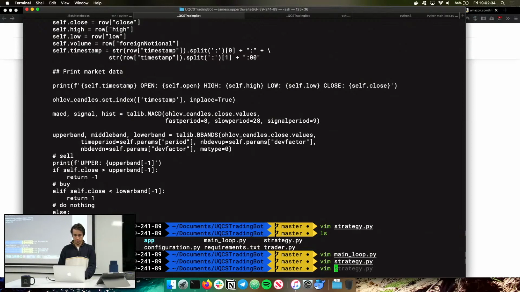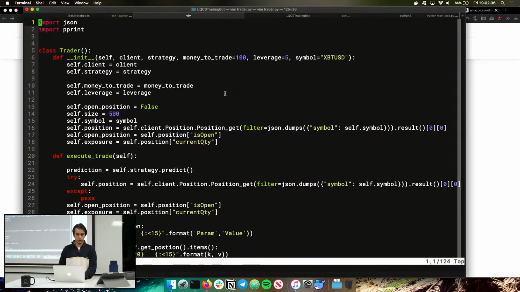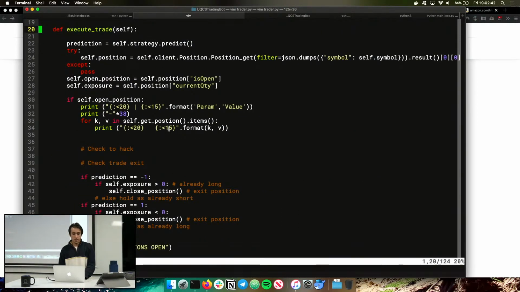Right, so if we have a look at the trader, this is where all the execution happens. In the initialization, we set all these parameters that we're going to send to or from the exchange. And then we have this execute trade function, which is called on every loop update in main loop.py. So we get the prediction.